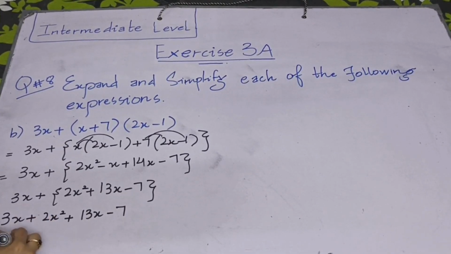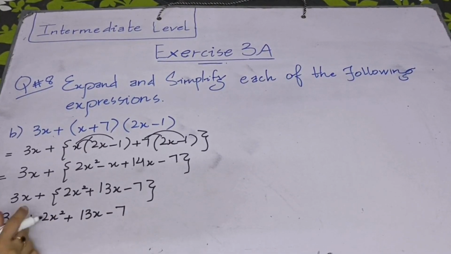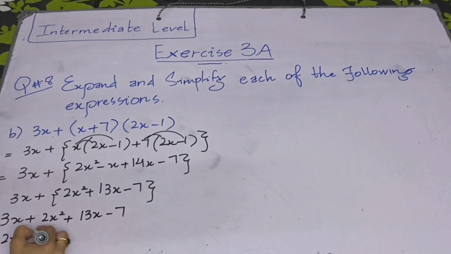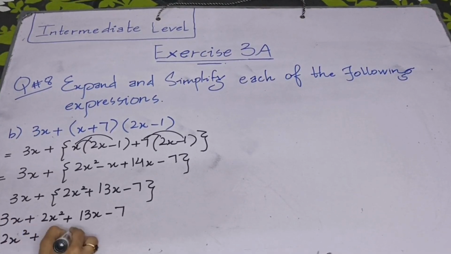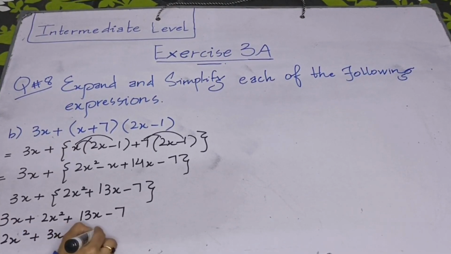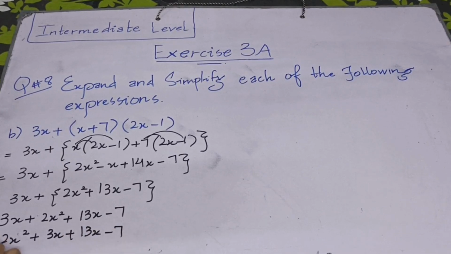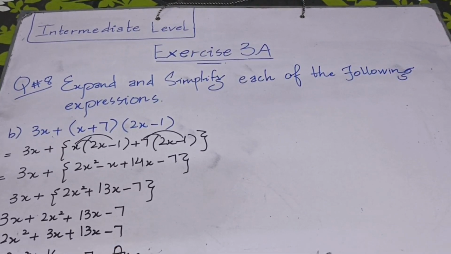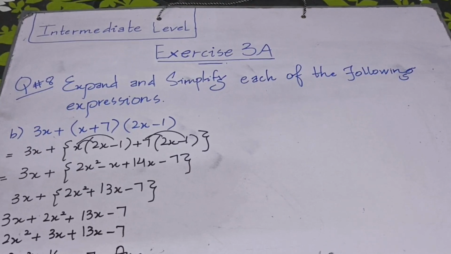The square term will be alone, no partner. Plus 3x and plus 13x are partners, same terms. 3 plus 13 is 16x, greater number's sign. So the answer is 2x squared plus 16x minus 7.